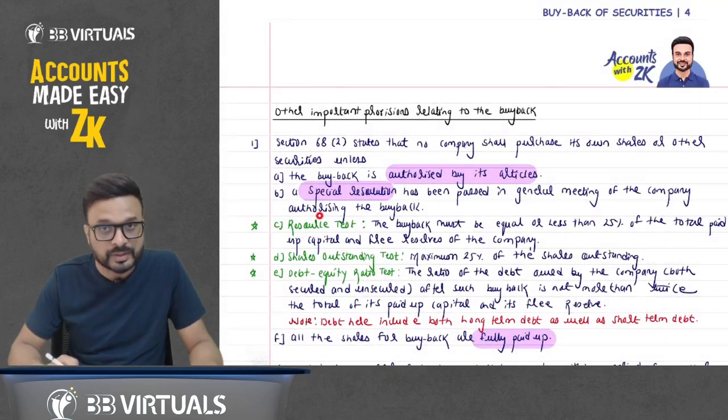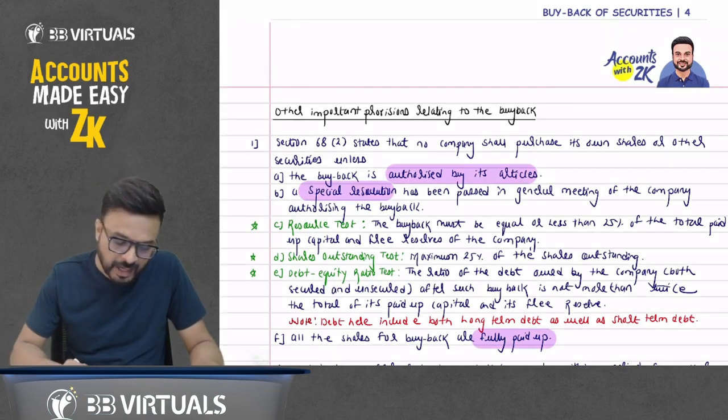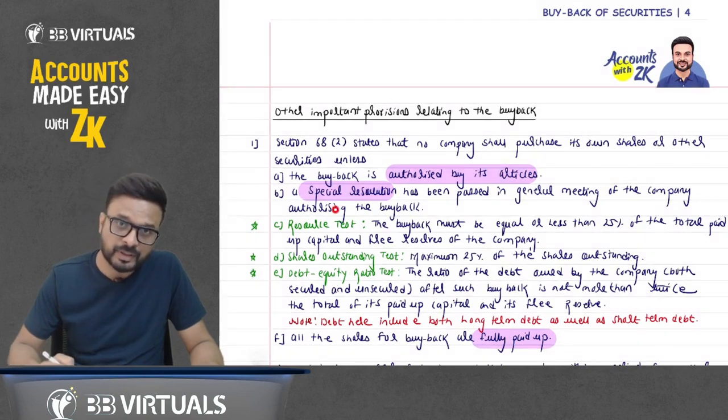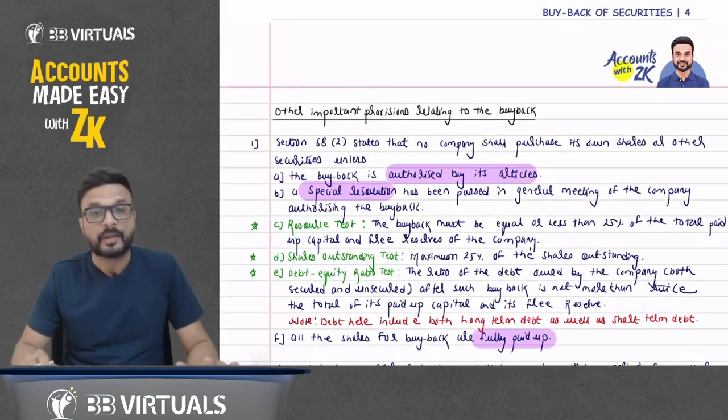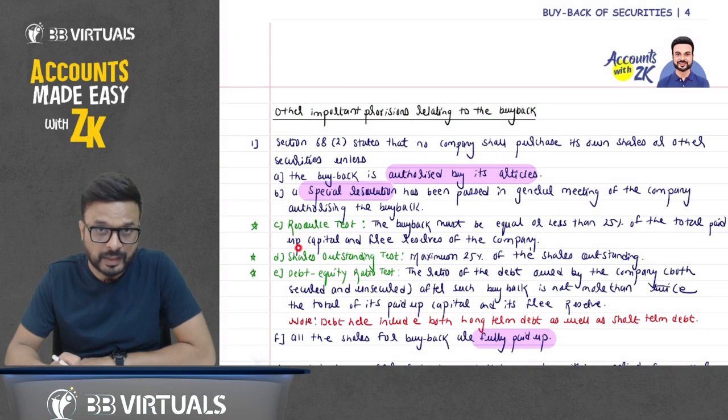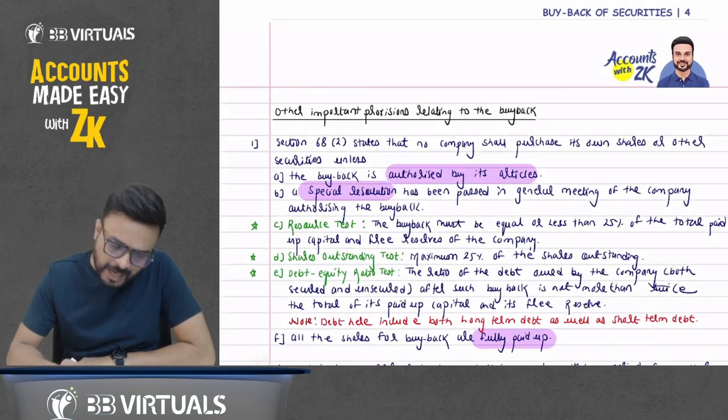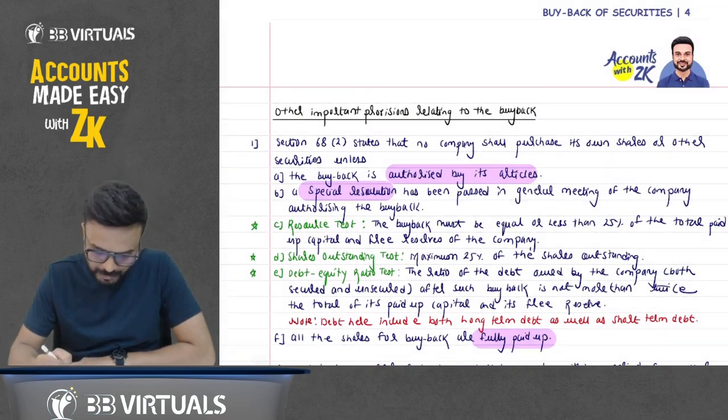First is the resource test, second is the shares outstanding test, and third is the debt equity ratio test. These three tests are important. Because it is mentioned in the question that it is authorized by the articles and a special resolution has been passed, we now have to do the calculation of these three tests, and I will explain them one by one.